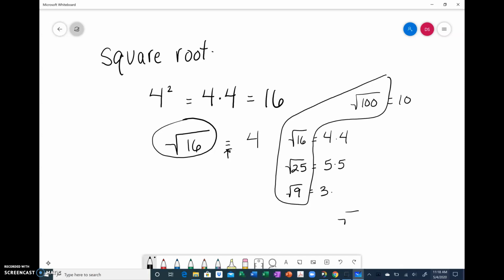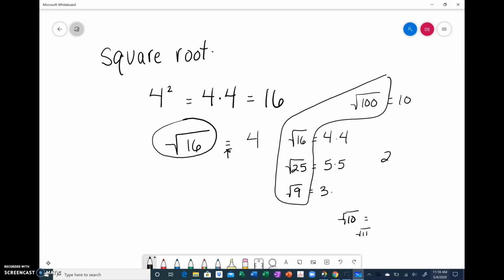The square root of 10 is not easily found, right? No whole number times itself will give you 10. I can't do 3 squared is 9 and 4 squared is 16. So the square root of 10, the square root of 11, the square root of 12, those are not perfect squares.